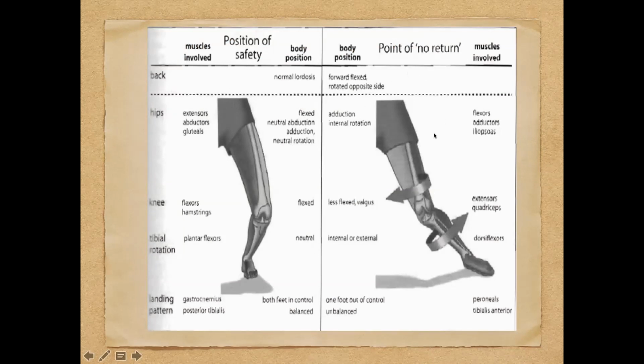The second picture depicts the point of no return, where body motion will be forward flexed and rotated to the opposite side, and the hip is in adduction and internal rotation. The knee is less flexed and valgus, the tibia is in internal or external rotation, and one foot is out of control and imbalanced.